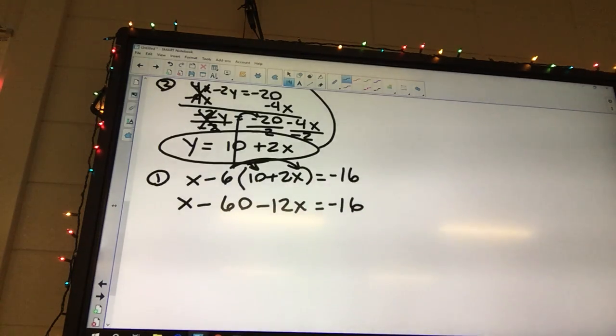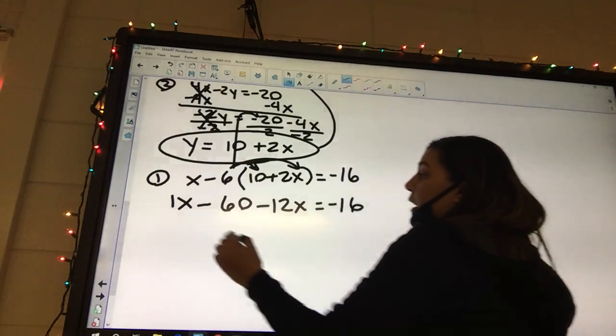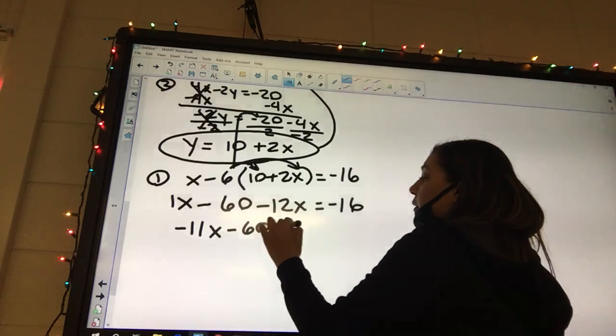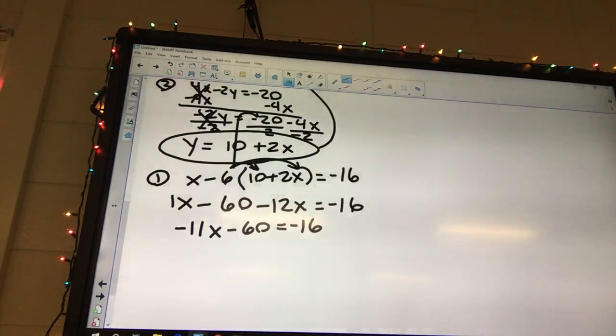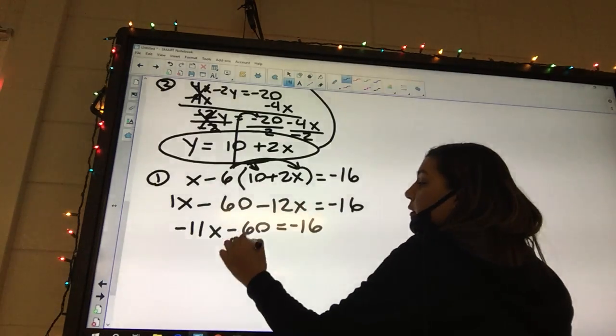What's our next step? Combine like terms. So I got a 1x and a negative 12x to give me negative 11x minus 60. Now what? Trying to get x by itself. Add 60 to both sides.